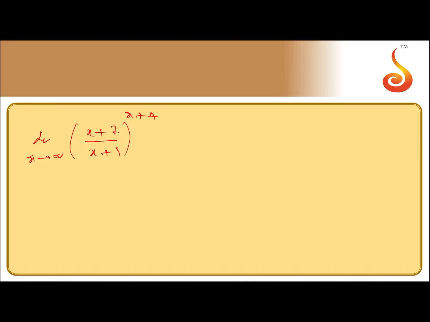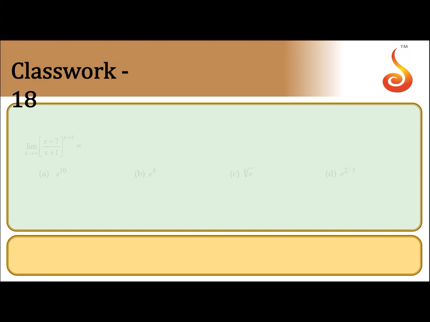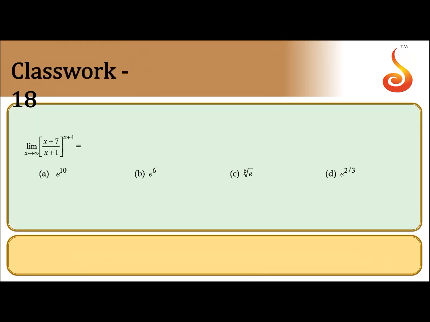Whenever you find the limit as x extends to infinity of ((x plus a) divided by (x plus b)) to the power of x plus c, directly you can write down the answer as e to the power of a minus b. Using this formula, the answer is 7 minus 1, e power 6. So the answer is e power 6.